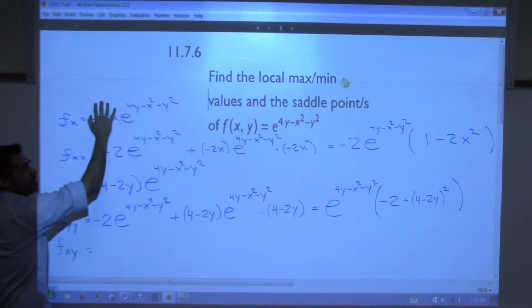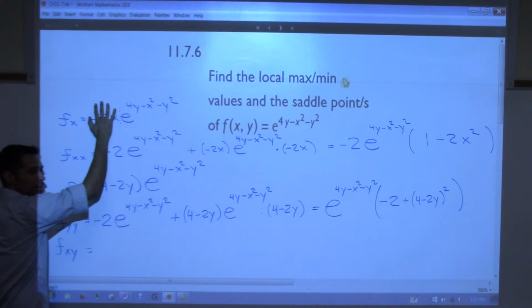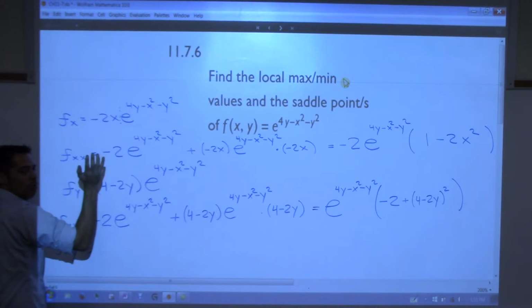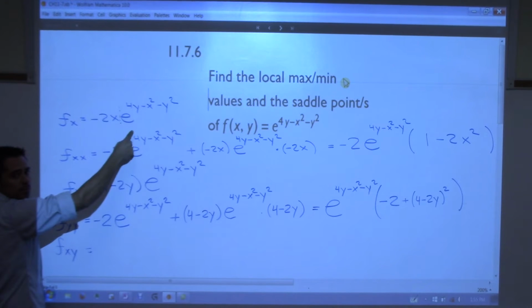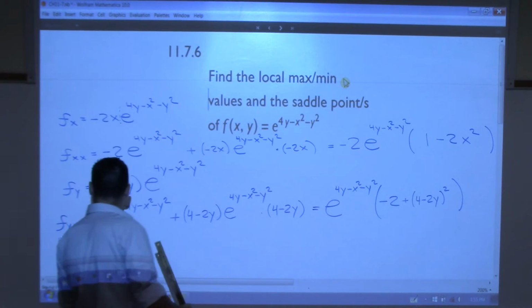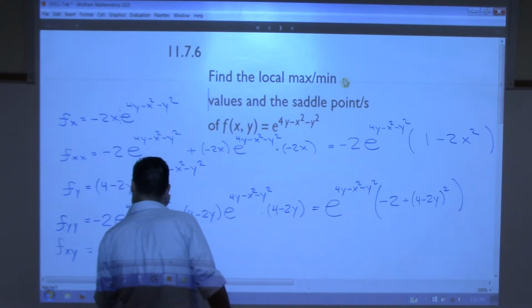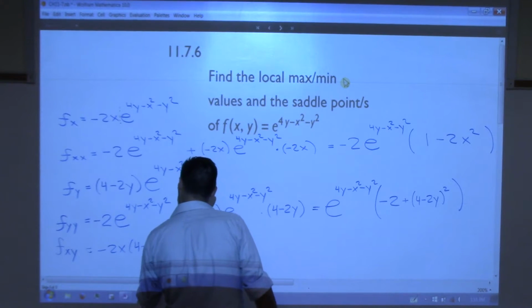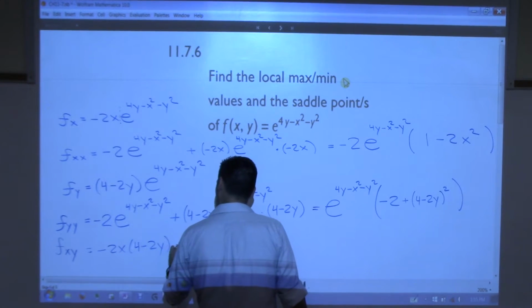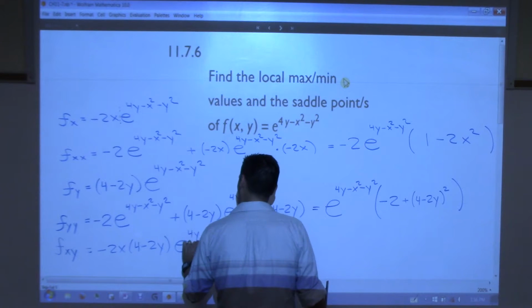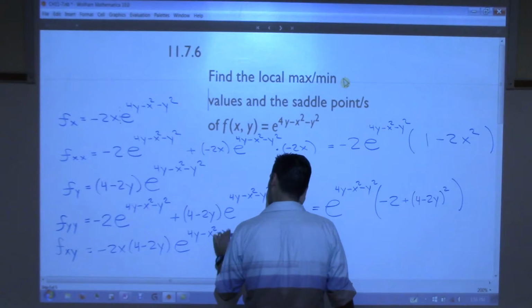So I can ignore that as a constant and just take derivative of that with respect to y, which is itself times negative 2y. No, 4 minus 2y, right? So it'll be this times 4 minus 2y times that. So negative 2x times 4 minus 2y times e to the 4y minus x squared minus y squared.